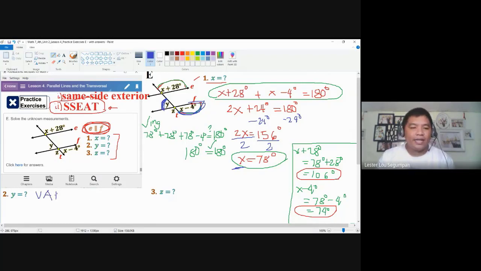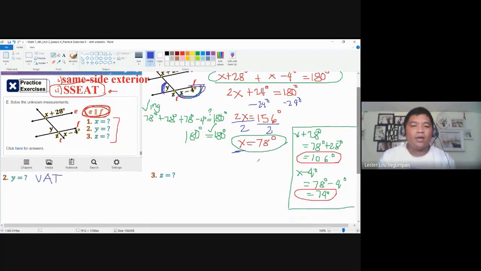And by the vertical angle theorem, which tells us that vertical angles are congruent or have the same measurement, we may equate the value of y to the value of this angle here, which is x minus 4 degrees. And then, yes, you do have two variables, but one of which is already solved in number 1. So that's your first process.